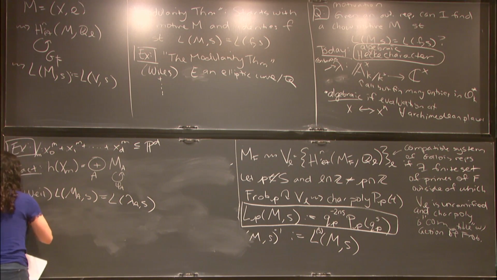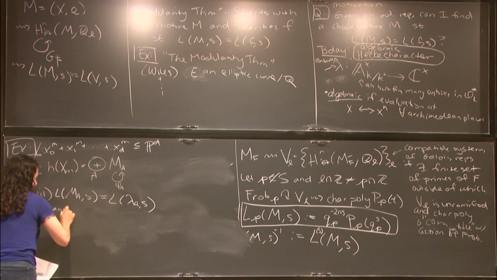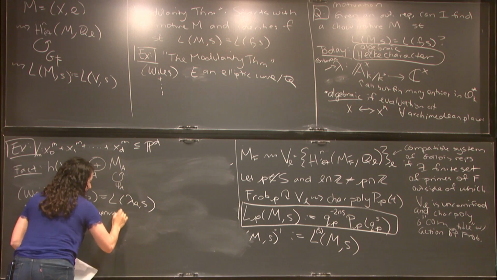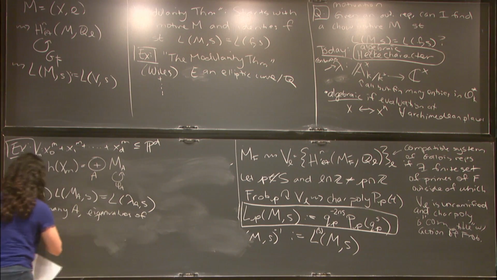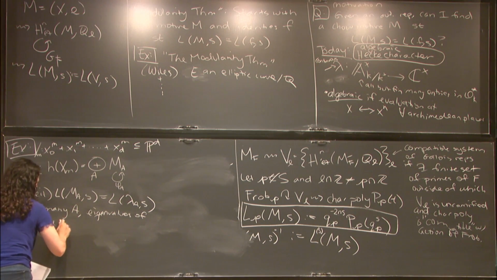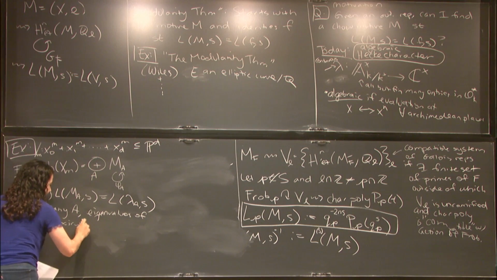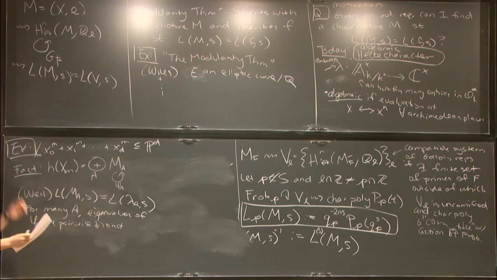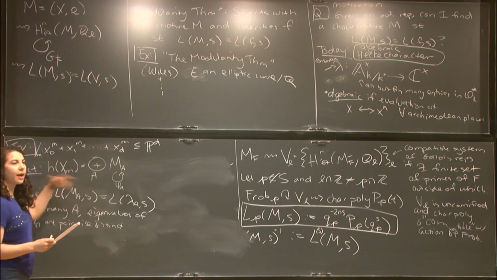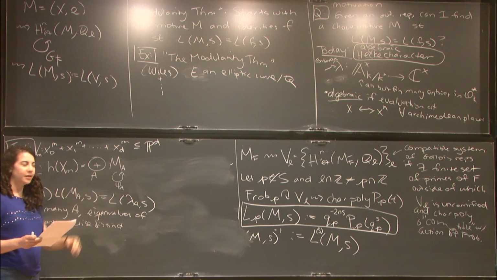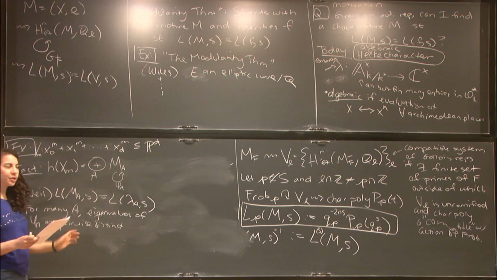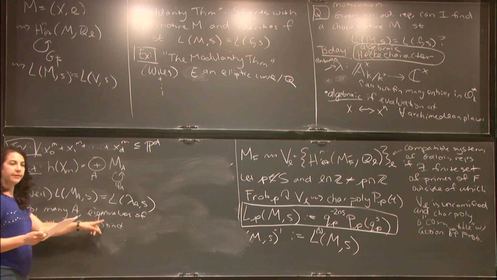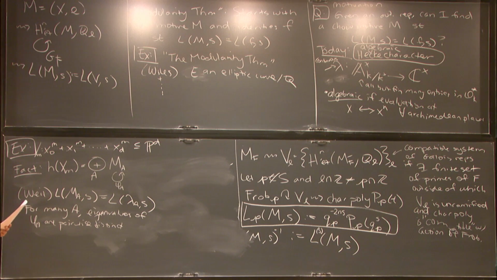So for many A, the eigenvalues of phi sub A are pairwise distinct. This A is somehow a tuple of integers mod m. And so there's some arithmetic condition on this tuple that will ensure that these eigenvalues are pairwise distinct.